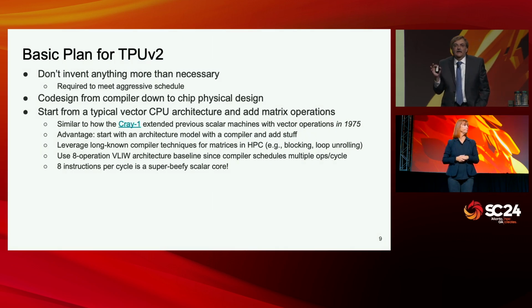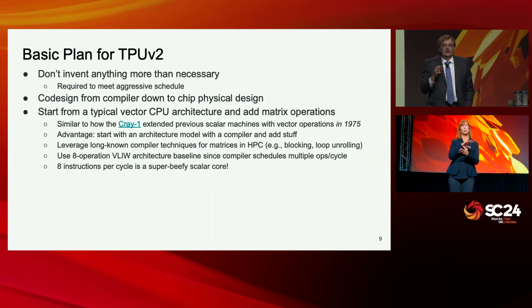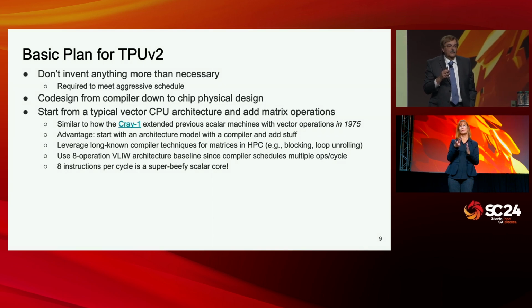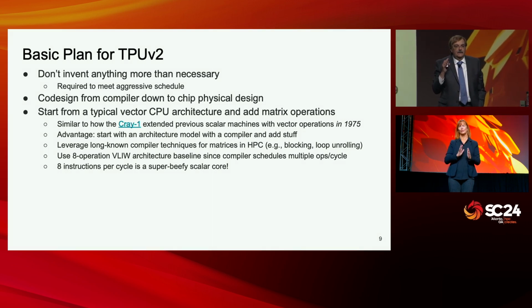So the basic plan for TPU v2, the first chip that would support training, was don't invent anything more than necessary. If you look at our TPU v1 paper, it had 77 co-authors. That includes the people who did the software, the compilers, even the people who did deployment in the data centers.